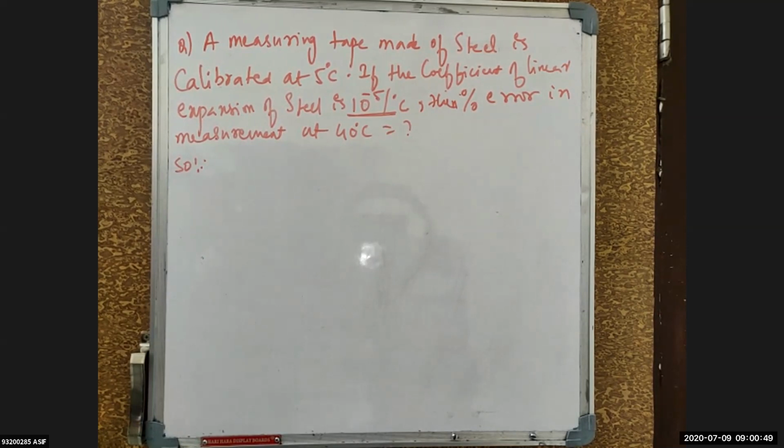The measuring tape is made up of steel and calibrated at 5 degrees centigrade. If the coefficient of linear expansion of the steel is 10 to the power of minus 5 per degree centigrade, the percentage error in the measurement at 40 degrees centigrade will be equal to how much for the given question.